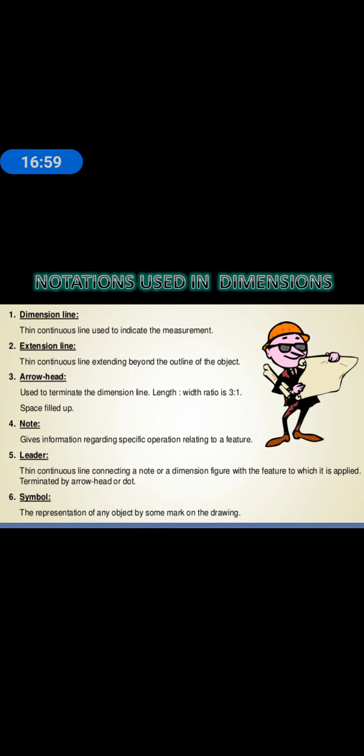The length to width ratio is also discussed. The 3:1 ratio is the one specified for the arrowhead. The next one is a note, which gives information regarding a specific operation relating to the feature. The leader is a thin continuous line connecting a note or a dimension figure with the feature to which it is applied, terminated by an arrowhead or a dot.